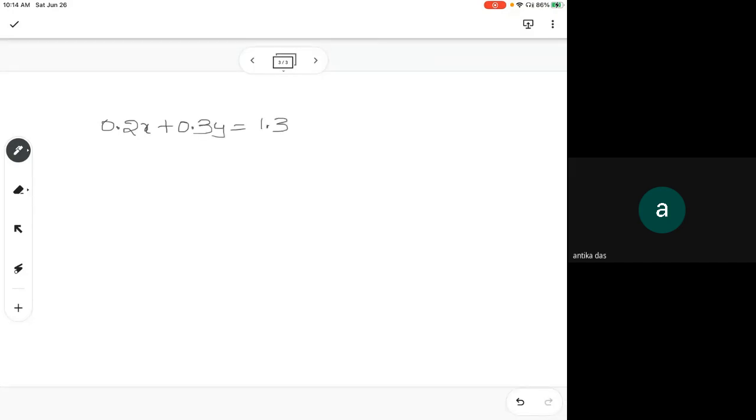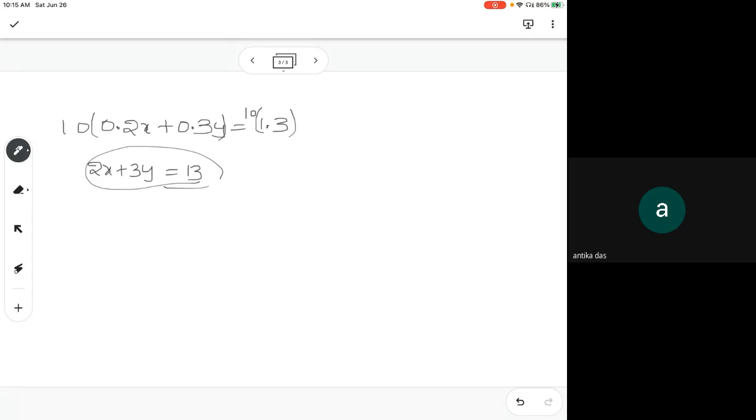If we multiply this complete equation by 10, we multiply the left hand side by 10 and the right hand side also by 10. The equation transforms into 2x plus 3y is equal to 13. It looks a little more convenient. So you can remove the decimal, but instead of removing it directly, better you write the step like this.